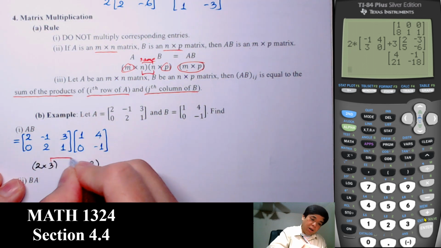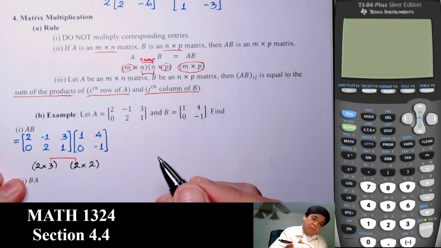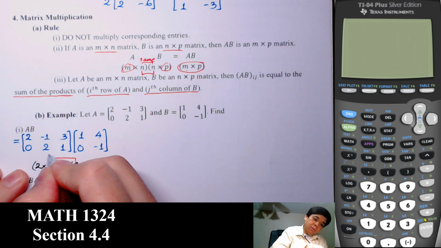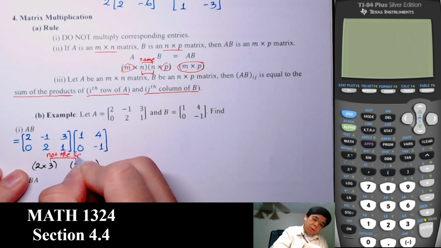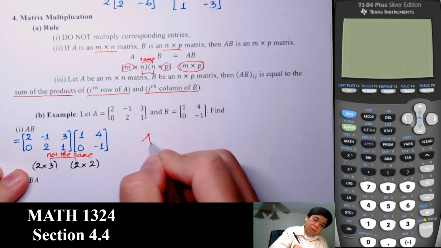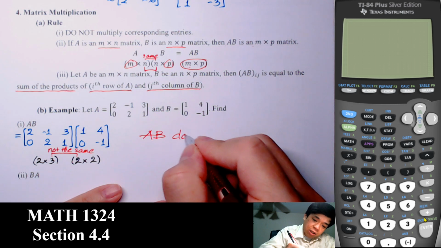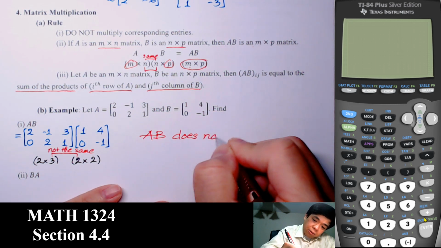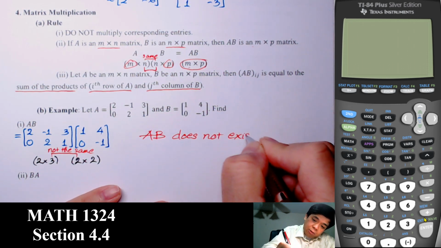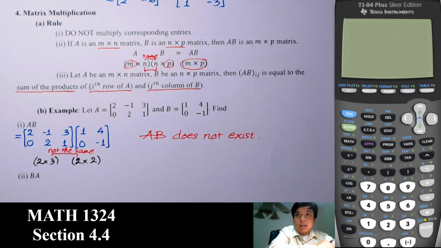And here we don't have the same. So in that case, we say AB does not exist because the dimensions do not match. So we just hide that.